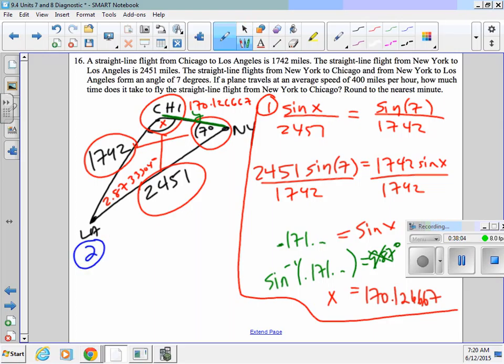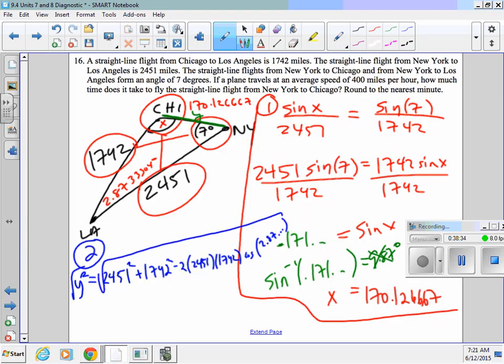So I'm going to use the law of cosines again. It's much easier. So y squared is equal to 2451 squared plus 1742 squared minus 2 times 2451 times 1742 times the cosine of the 2.87 and so on. Sorry, I'm squeezing this in here. And I would take the square root to get the distance from New York to Chicago.